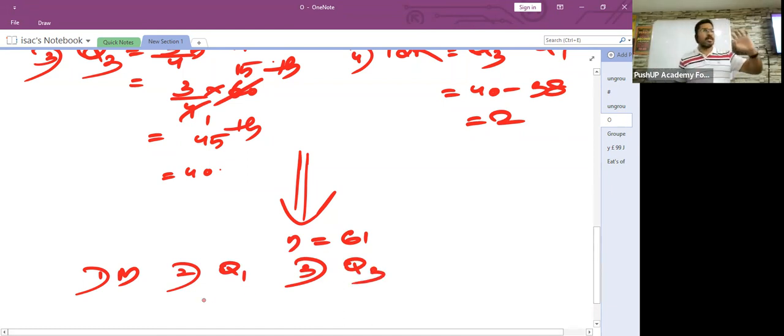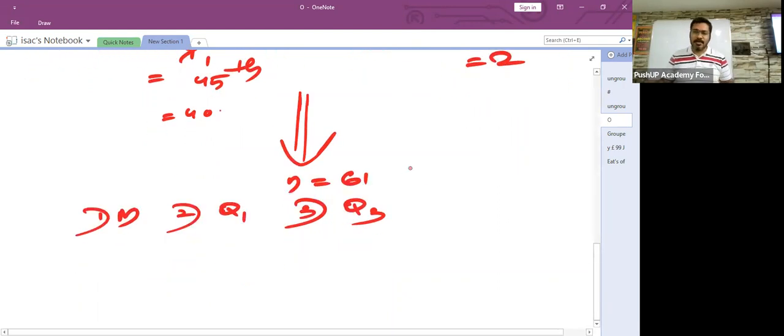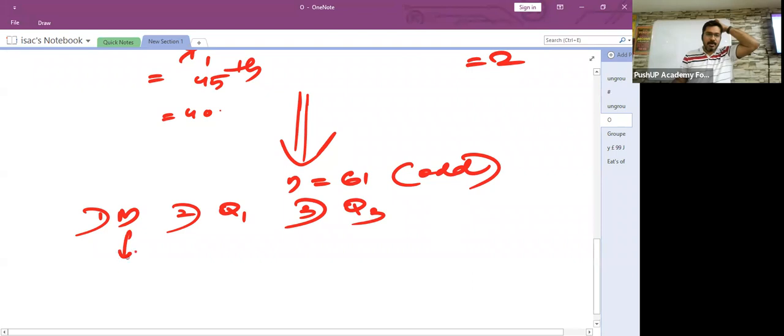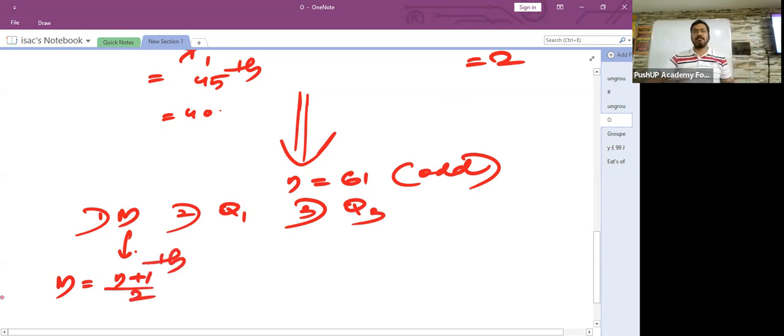Obviously, children, n is equal to 61. The number of terms is odd, isn't it? I'm asking you to find the median value when the number of terms is odd. You know, children, what will be the median value? It will be (n plus 1) divided by 2 th term.